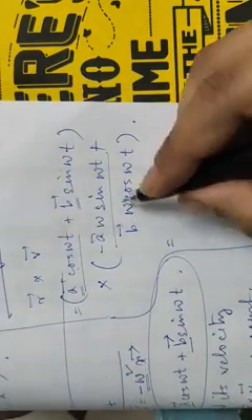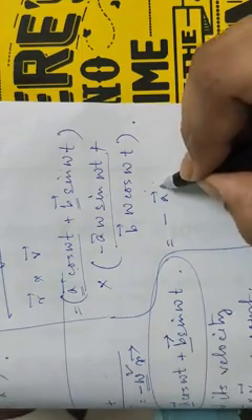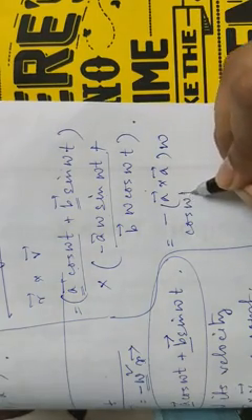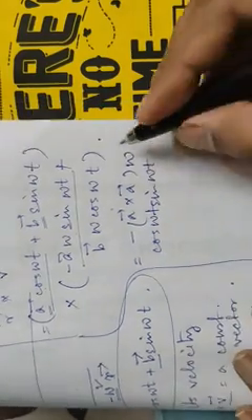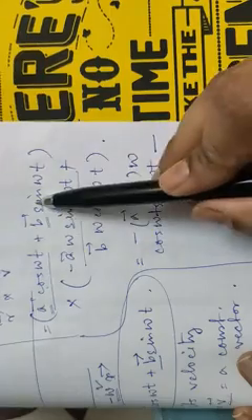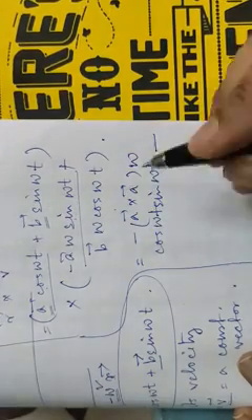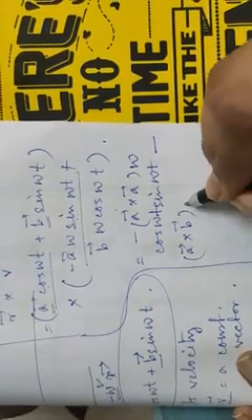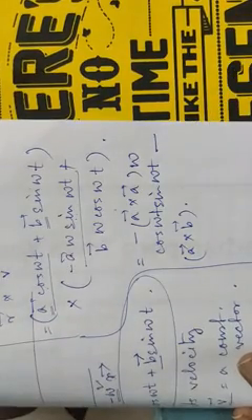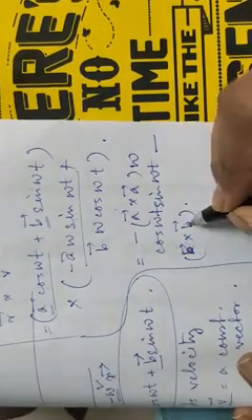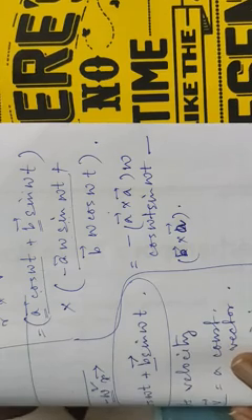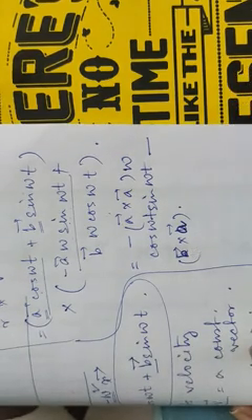So it will be at first minus a cross a omega cos omega t sin omega t, then minus b cross a, because cross product is not commutative, so b cross a is different from a cross b, then omega sin square omega t.